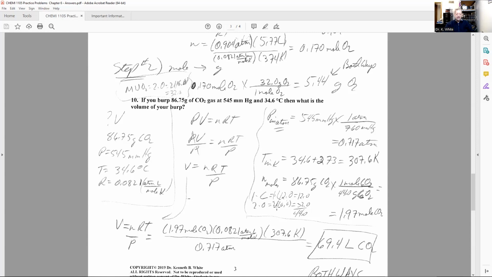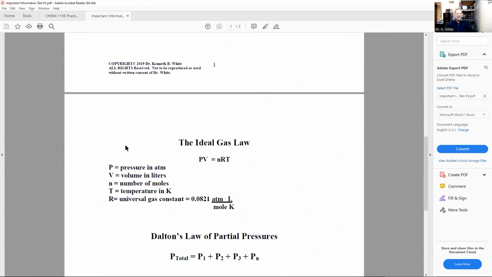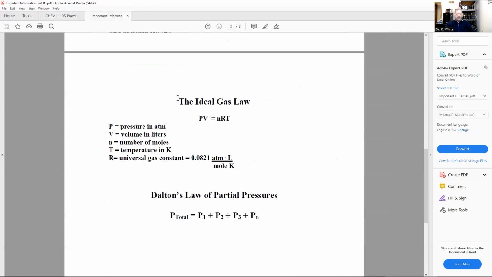And what do you do? You look at important information, test number 3, and that's the ideal gas law. And the ideal gas law is PV equals nRT. Now, it's important to remember, you have to use the right units for PV equals nRT to get the right answer.